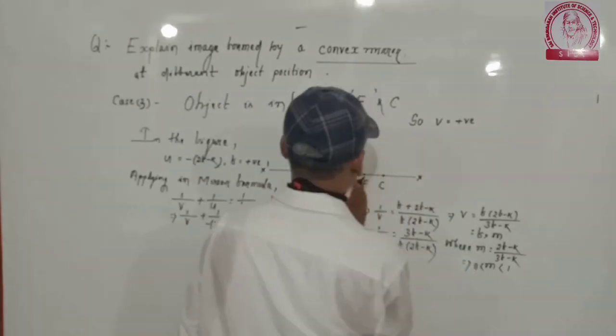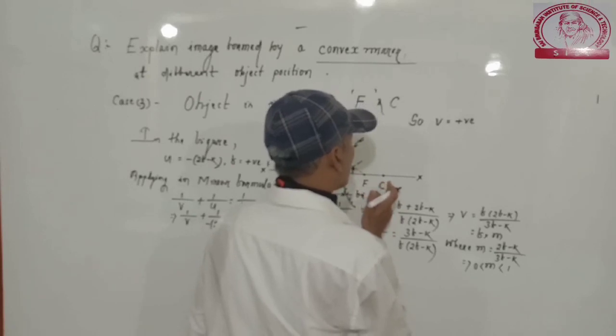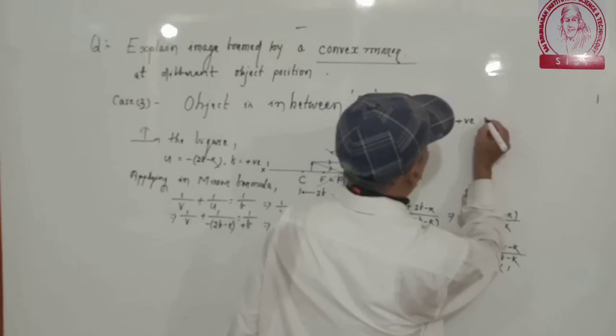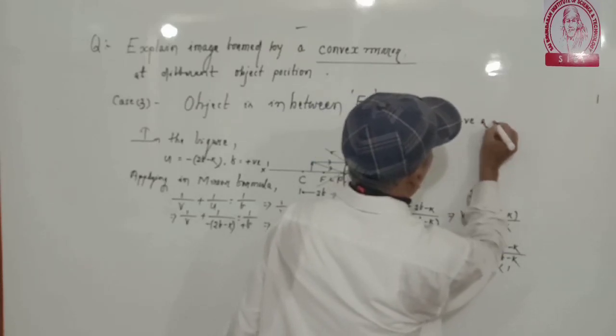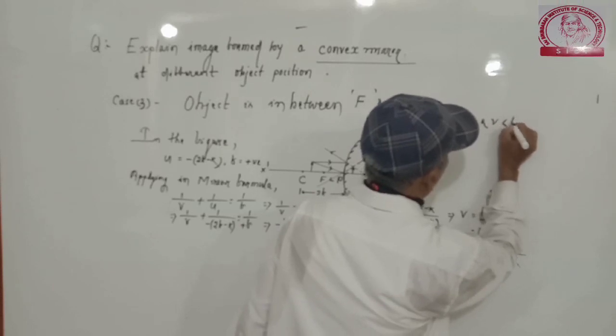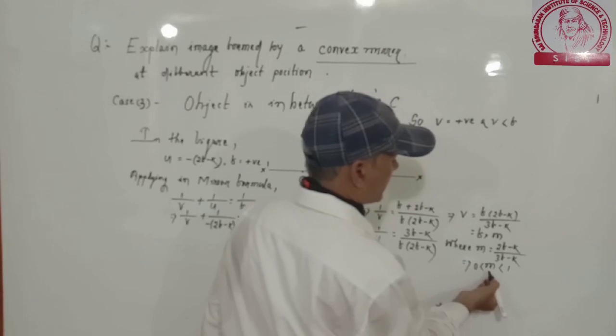So now the image is formed behind the mirror on the positive x-axis. So V is positive and V is less than F, because M is less than 1.